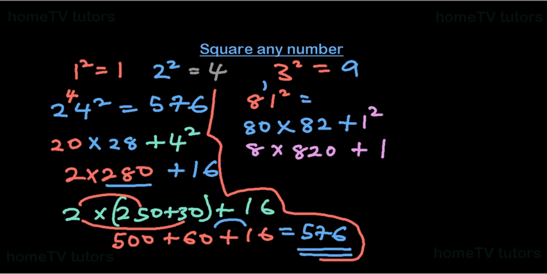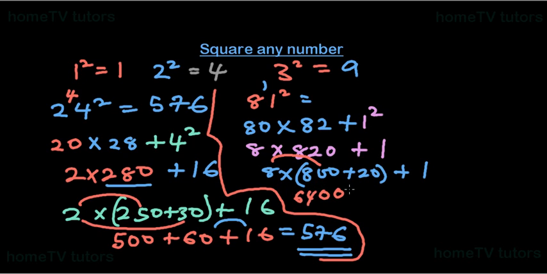Okay, so now if we also break down 820, we have 8 times 800, we put them in bracket, plus 20, plus 1. So now we open the bracket by multiplying the numbers inside of the bracket with 8. So 8 times 800, we have 00, 8 times 8 is 64. Then plus 8 times 20 is 160, plus 1.